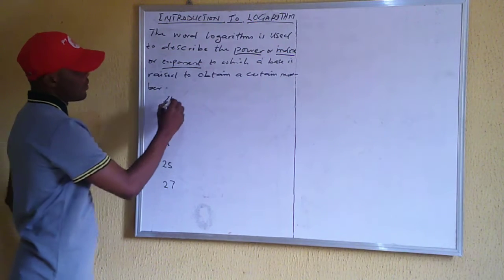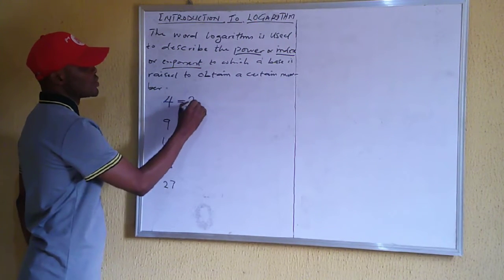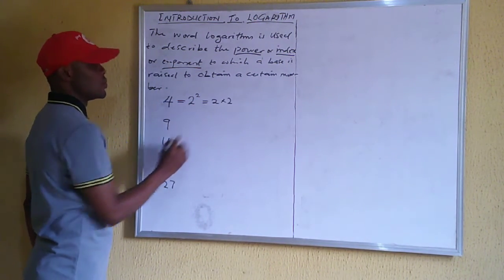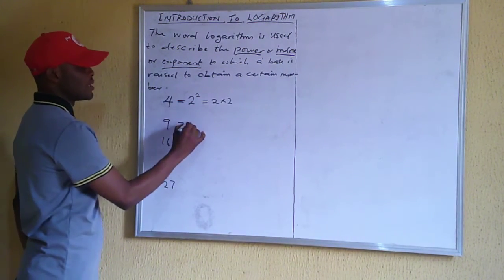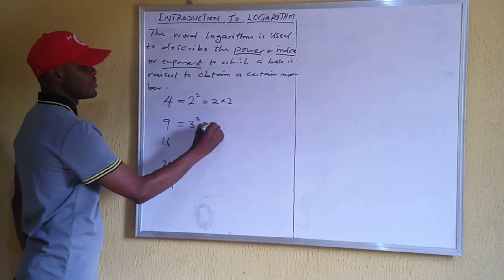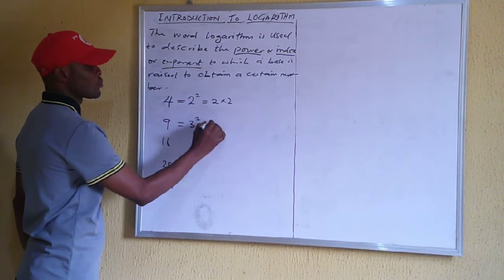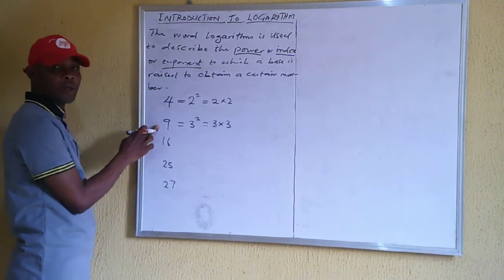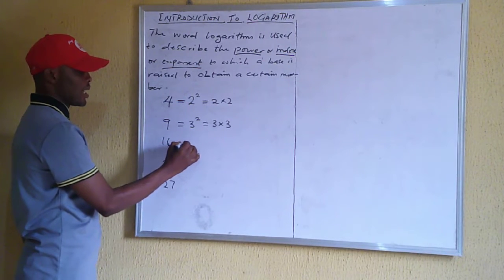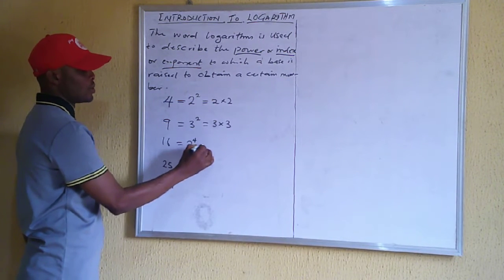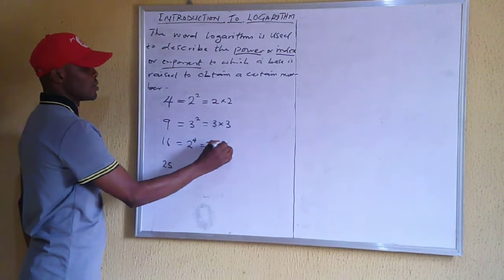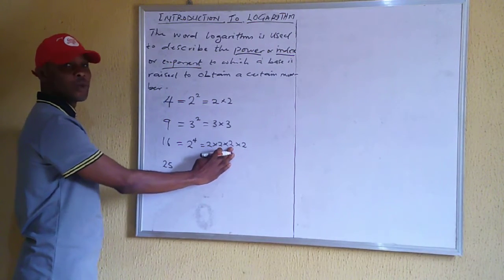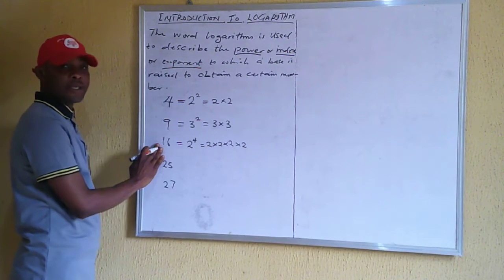Now, 4 can also be written as 2 raised to the power of 2, which is the same thing as 2 times 2. 9 can also be written as 3 raised to the power of 2, which is 3 times 3, and that gives you 9. 16 can also be written as 2 raised to the power of 4, which is 2 times 2 times 2 times 2. 2 times 2 gives 4, times 2 gives 8, times 2 gives 16.